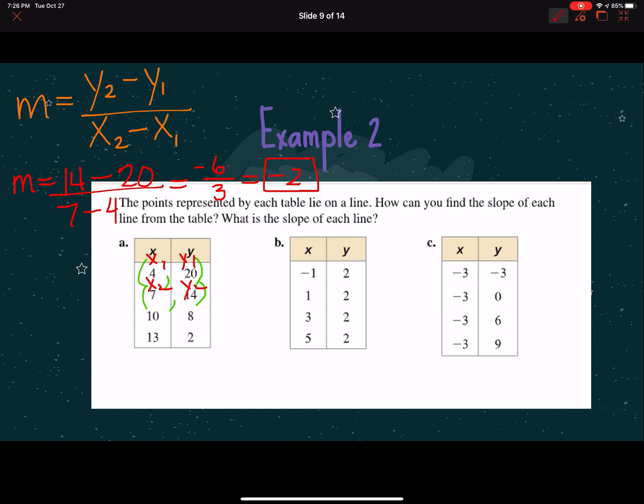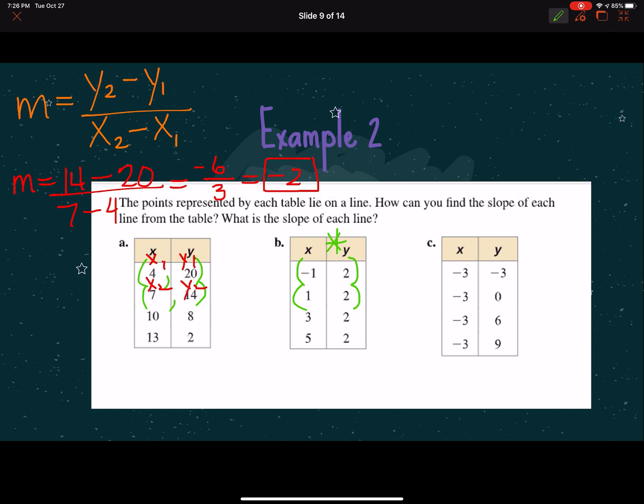Okay, let's move on to table B, and we can create an ordered pair here. Now, if you glance at table B, you might notice something about the y, or the output values. They're actually the same. There's no change happening in y.